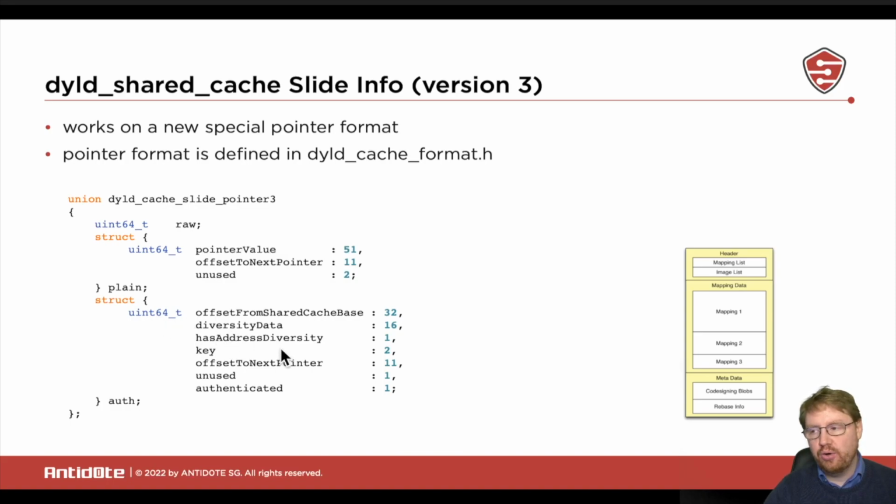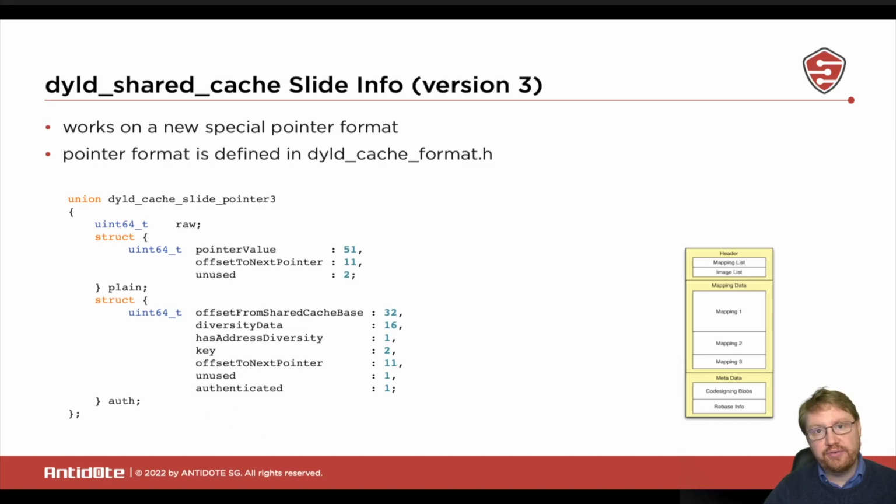Apple actually calls it the pointer diversity or address diversity. So basically, when the address diversity is set, then it will override the upper 16 bits of the address of a pointer with what we called earlier the modifier, the diversity data.